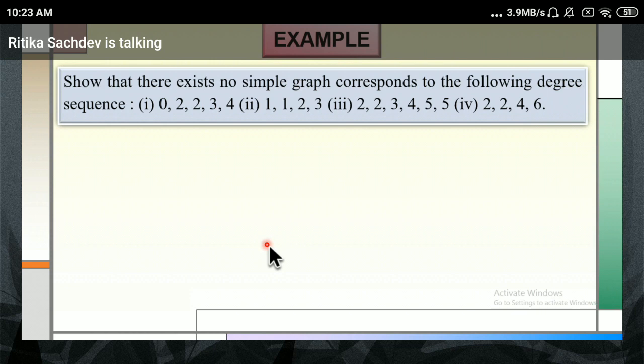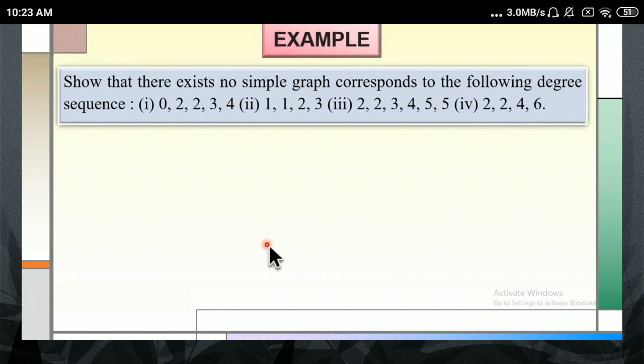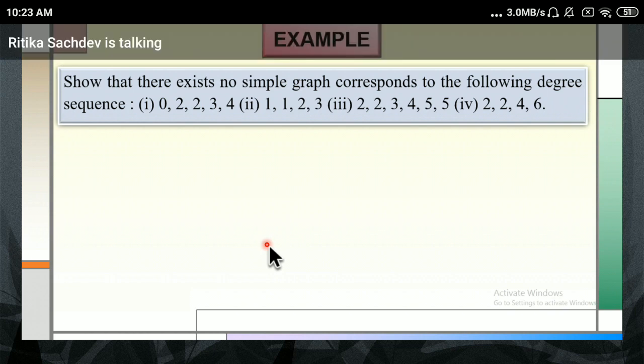Do you recall that handshaking lemma? Summation degree of V, where V belongs to G, is equal to twice the number of edges. Do you remember or no?